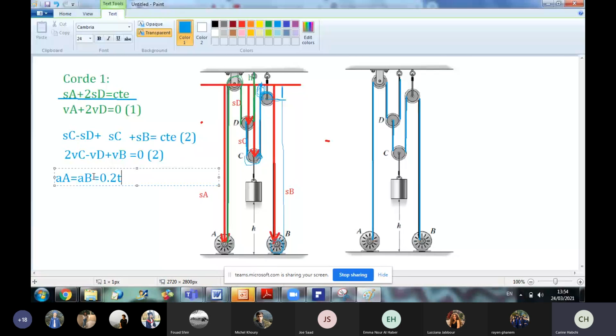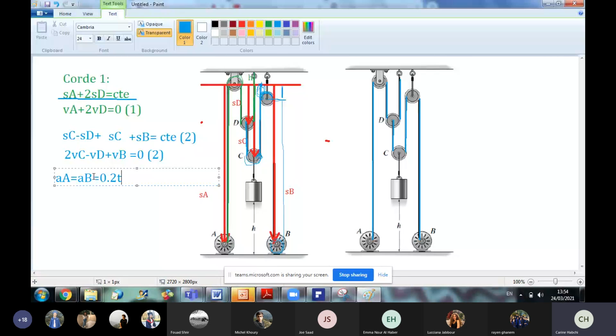Because instantaneous velocity at A plus 2 times instantaneous velocity at D equals 0, I can say also that VA average plus 2 VD average is equal to 0.